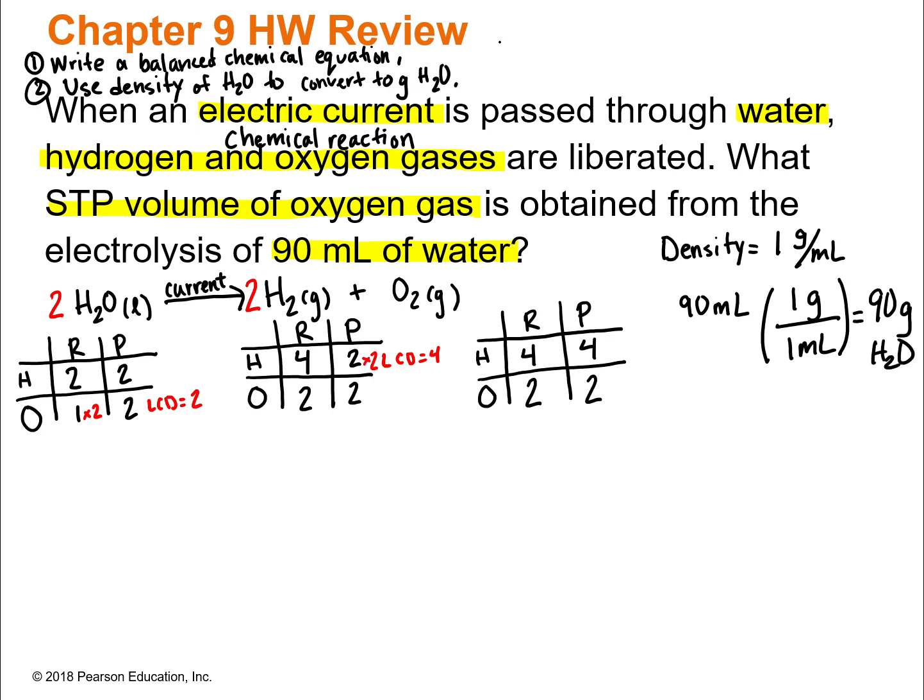Now we can figure out what kind of problem we have. We have 90 grams of water, and we have to figure out a volume of a gas. That makes this a mass to volume question.